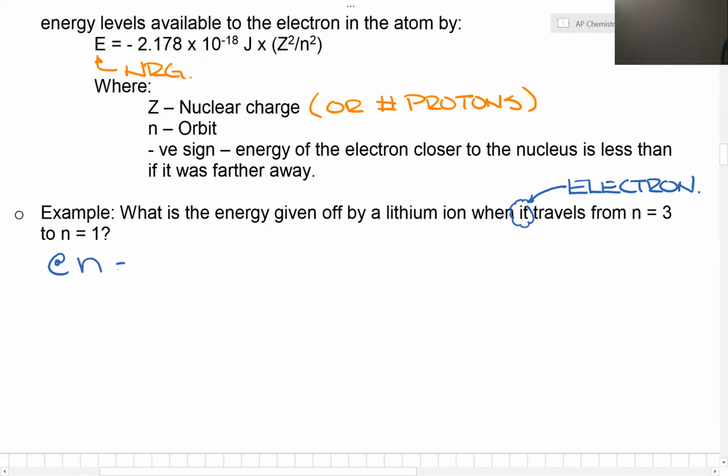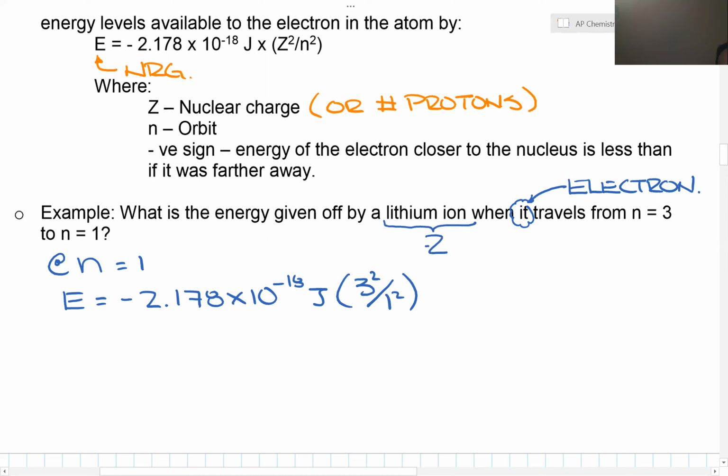At n equal to 1, we find the energy E is equal to negative 2.178 times 10 to the negative 18 joules, in this case times 3 squared over 1 squared. Now, why is it 3 squared? It's because lithium has Z equal to 3. Why? Because lithium has 3 protons. And you would calculate some sort of answer.